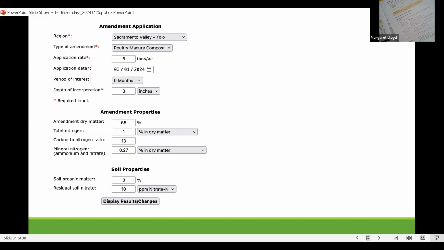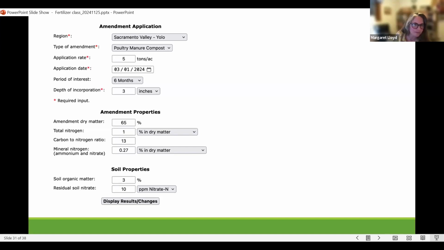Okay, so I was curious how this would go through in the calculator. So I ran it through the calculator. I selected the poultry manure compost. I put in 5 tons to the acre, 6 months, a light incorporation of 3 inches.